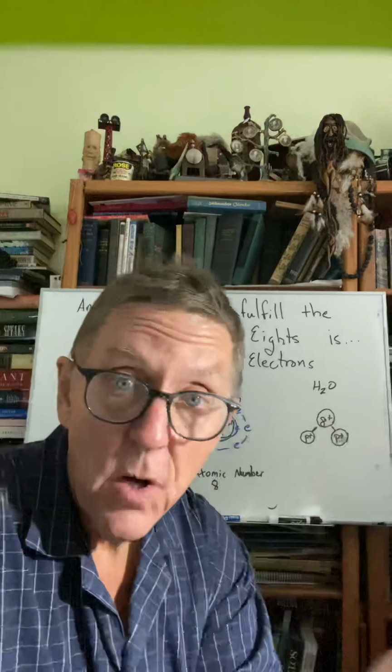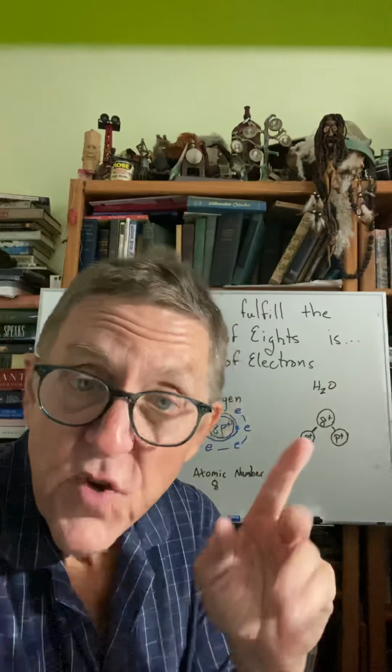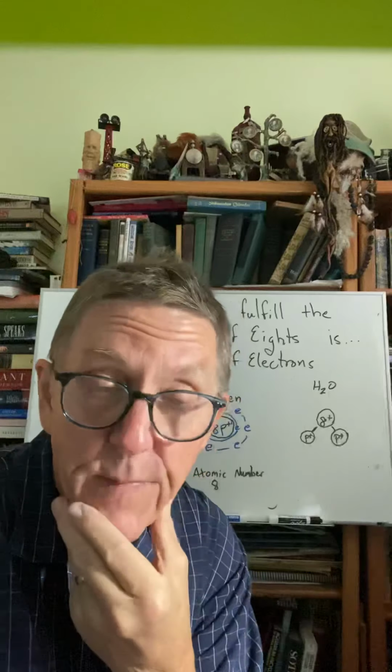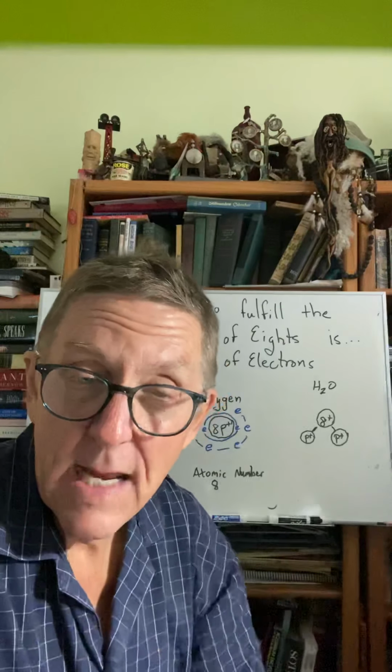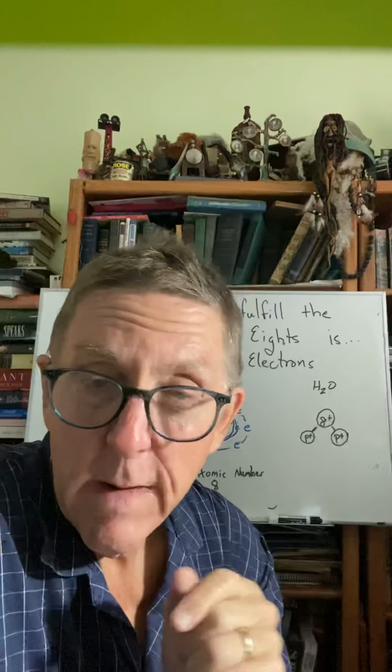Depending on your atomic number, the number of protons, this determines your identity, and it also determines the organization of your electrons. In the previous video, I was talking about sodium, which because of its atomic number had only one electron in that outer shell, and chlorine, which because of its atomic number had 7 electrons in its outer shell, outer orbit.